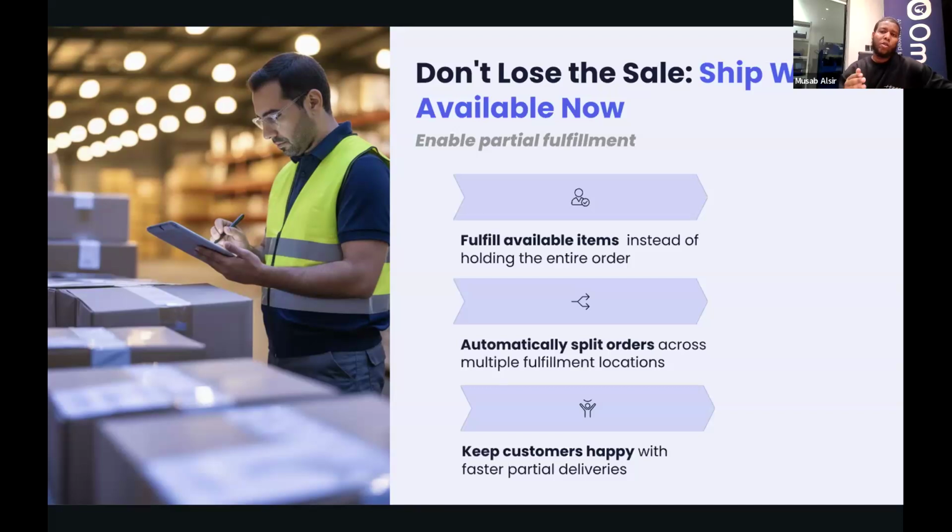We can split the order and prepare the available items, and when the rest comes from replenishment via purchase order or GRN, we can then fulfill the rest of the order. So the automatic splitting of the order takes place when we fulfill the order partially.